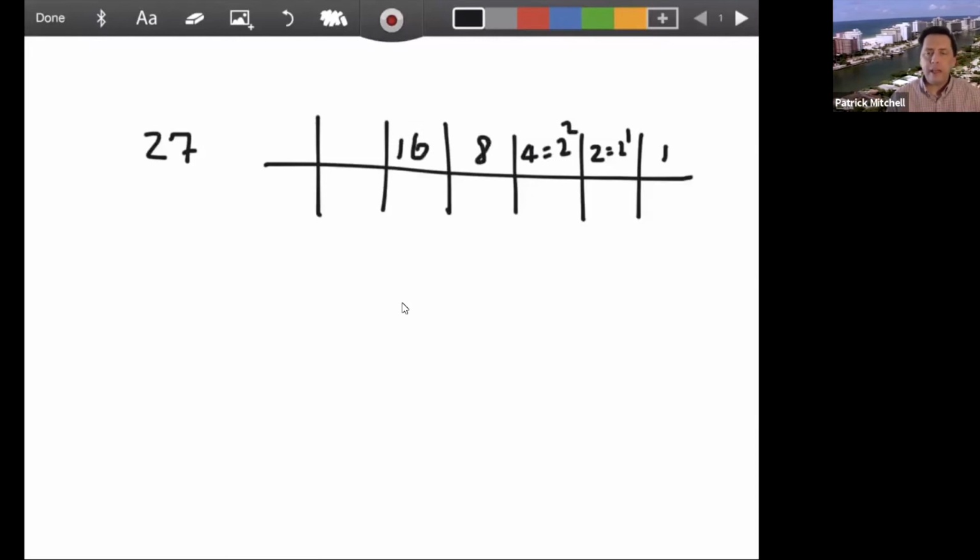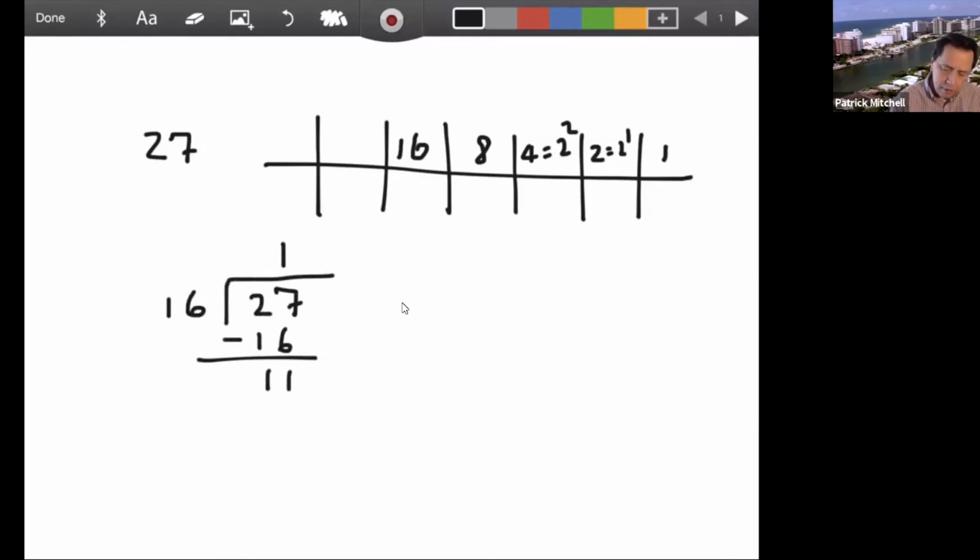So the first thing I need to know is how many 16s are there in 27? That's just a long division problem. 16 into 27 goes 1 time and leaves 11. So this 1 is going to go here. Now I need to ask how many times does 8, the next place value, go into 11?